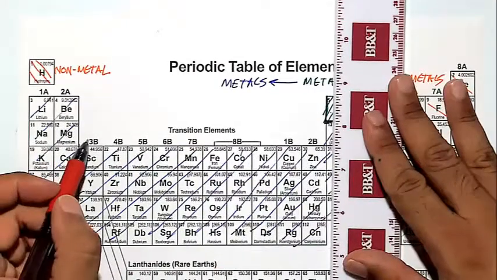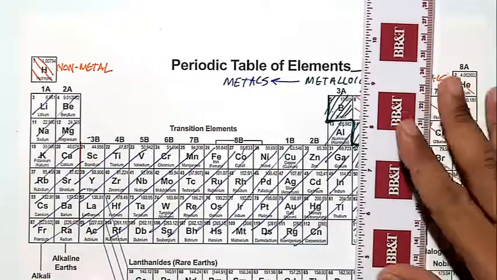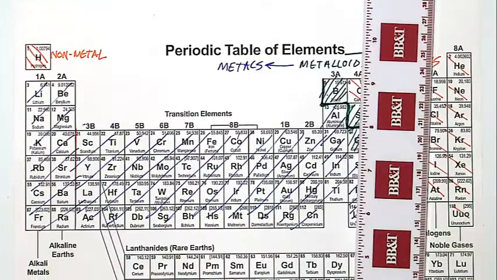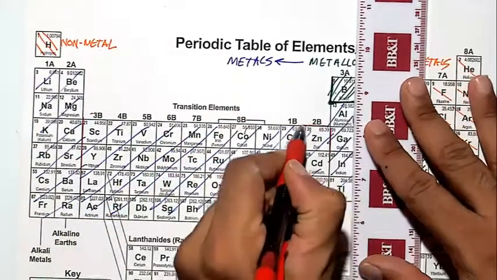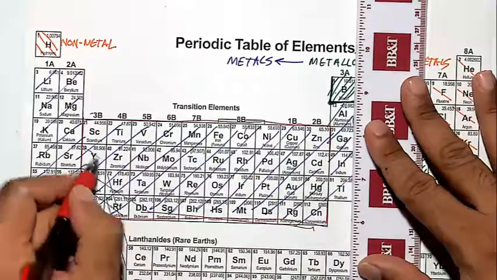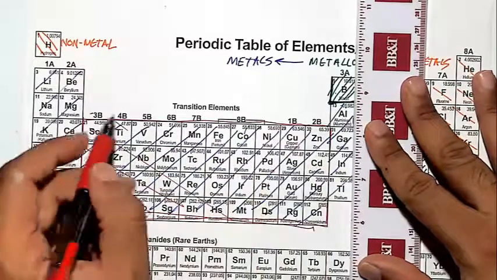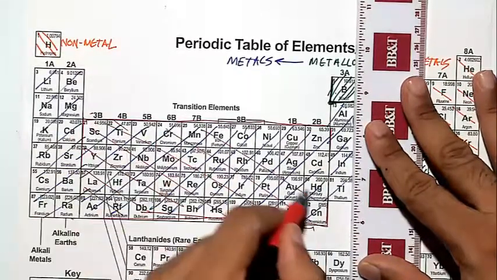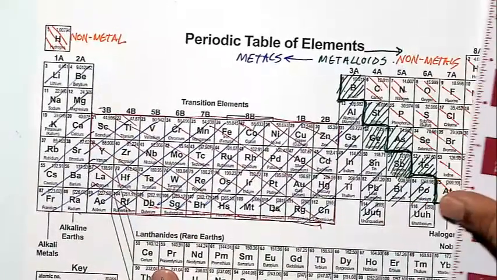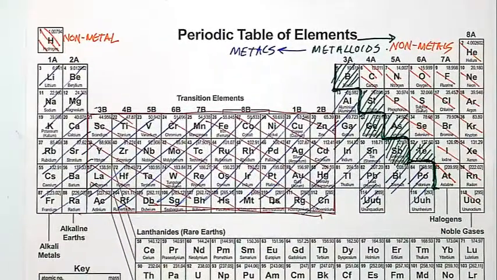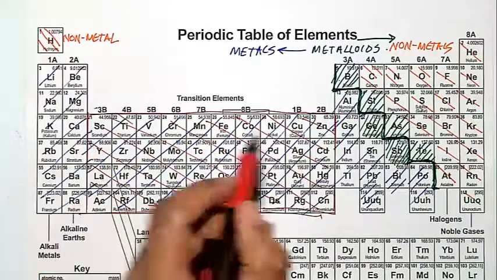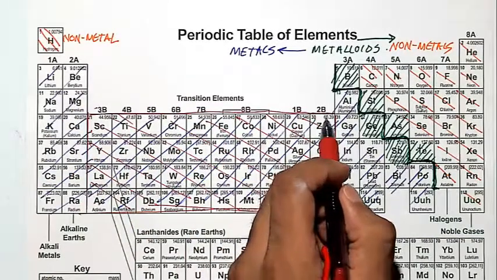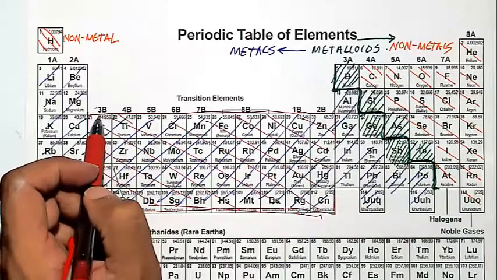From 3B, or group 3, depending on what periodic table you have here, this big rectangle, label that with a blue stripe in one direction and a red stripe in another direction. Blue and red crisscross hashtags of this square from 3B to 2B, or all the way from group 3 to group 12.